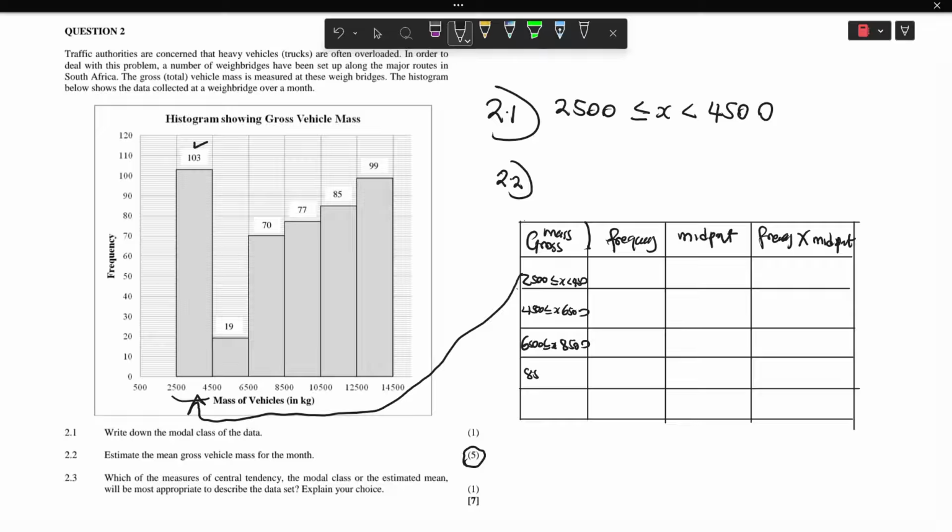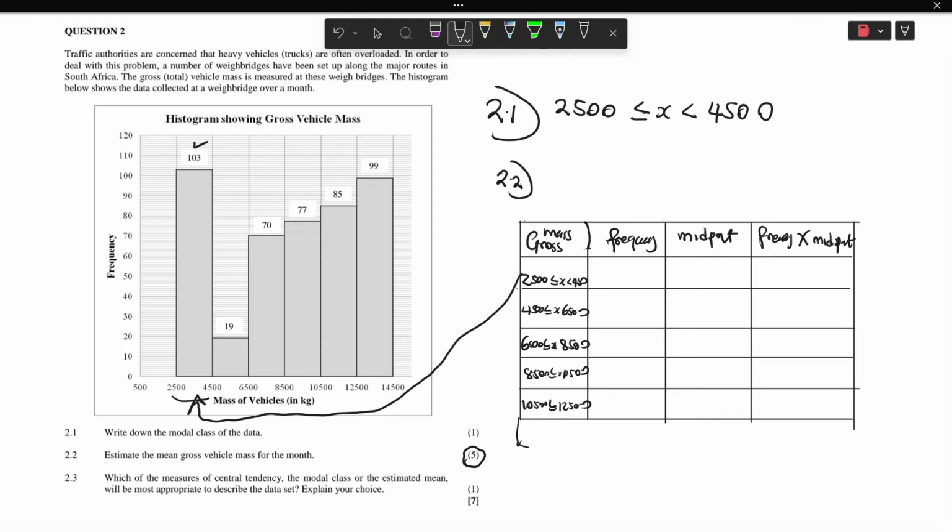And then here 8.5 less or equal to 10,500, then 10,500 less or equal to 12,500.